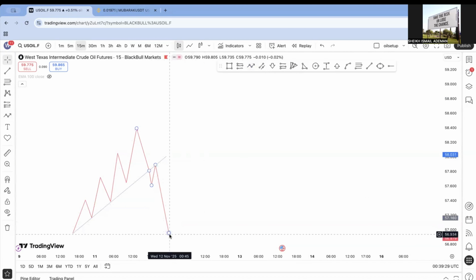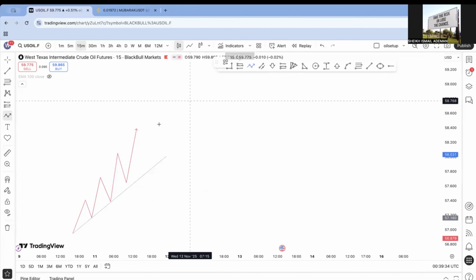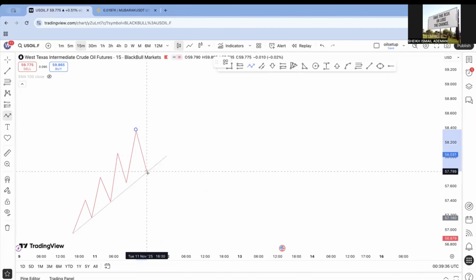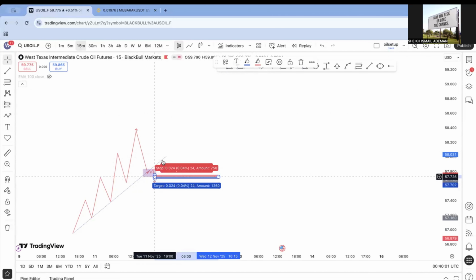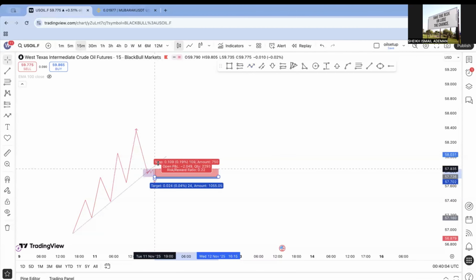Or you can also wait for it to hit your trend line, and then mostly you can draw your rectangle or a box over there where you wait for a series of candles to form, and then look for a candle that will give you a good breakout, and then you can join the breakout.